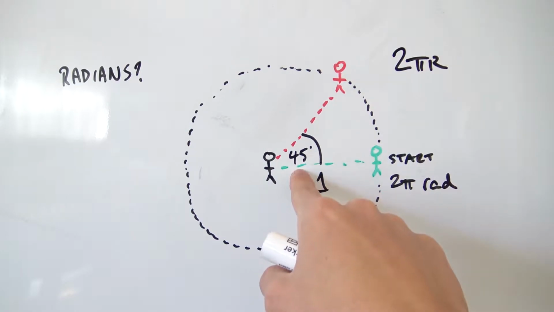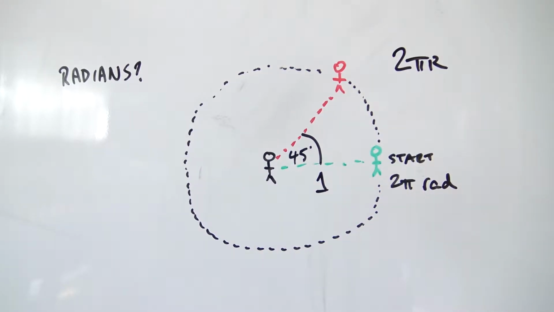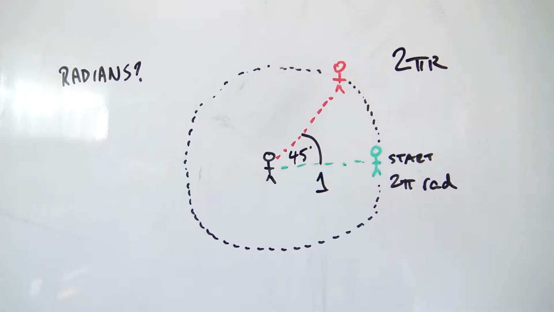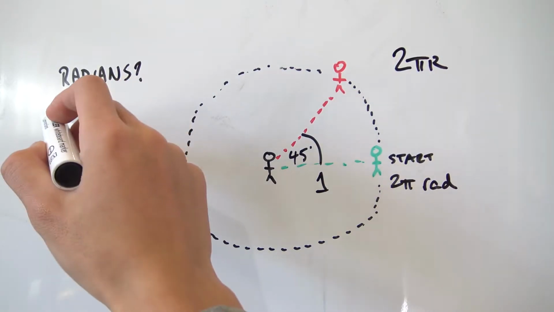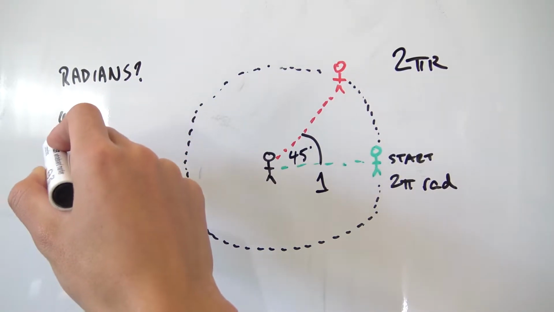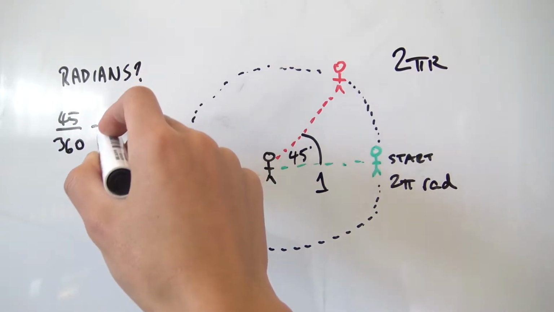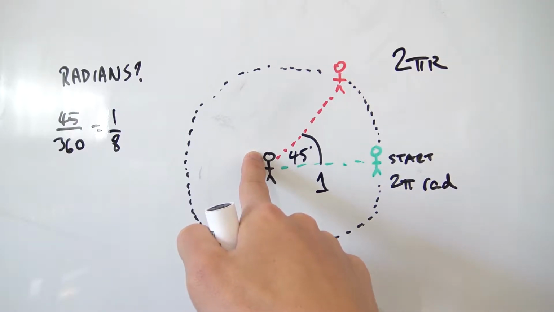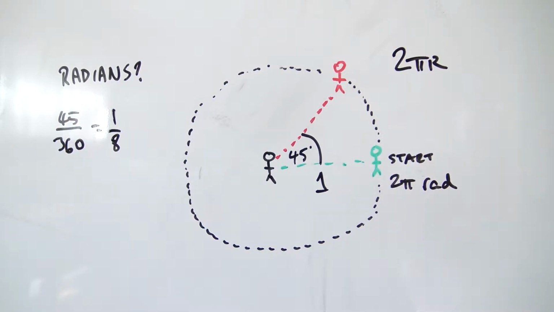So how about this 45 degrees? How can we express 45 degrees in terms of radians? First of all, what do we know about 45 degrees? We know that it's exactly 1/8 of a full revolution. If we take 45 and divide it by the entire 360 degrees, that's exactly 1/8. And if this guy is turning his head 1/8 of a full revolution, that means this person walking around must also be walking 1/8 of a full revolution.